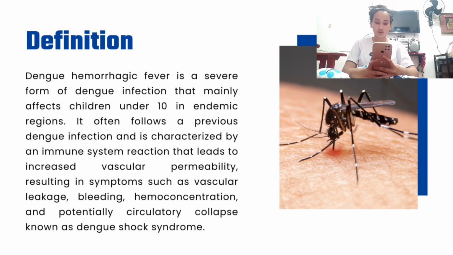It is distinguished by an aggressive immune response that triggers heightened permeability of blood vessels, leading to a range of distressing symptoms, including internal bleeding, hemoconcentration, or the concentration of red blood cells, and in severe cases, a circulatory collapse known as dengue shock syndrome.